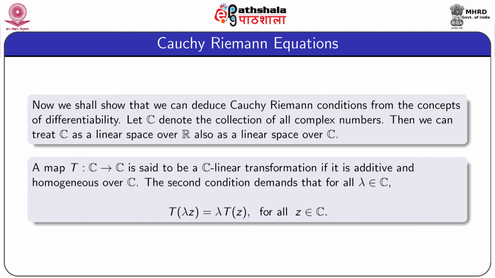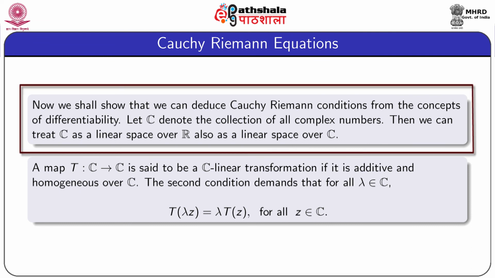All of us are familiar with the Cauchy-Riemann conditions, which deal with differentiability of a complex-valued function of a complex variable. We show how the differentiability of functions of several real variables plays an important role here. By C, we denote the collection of all complex numbers.